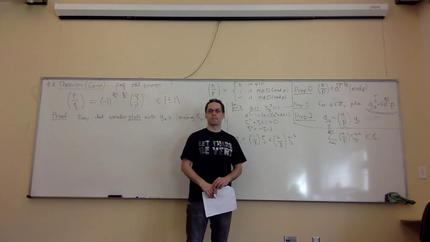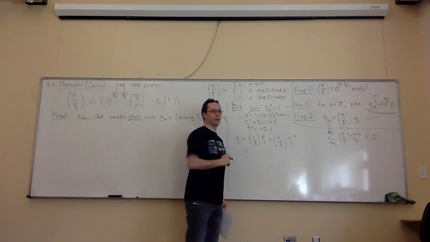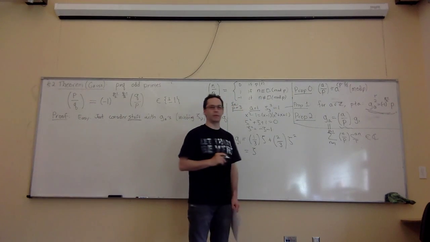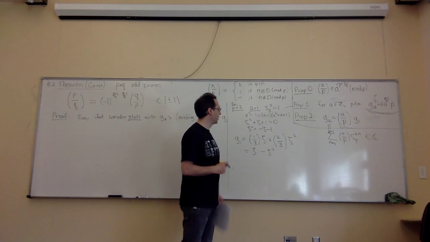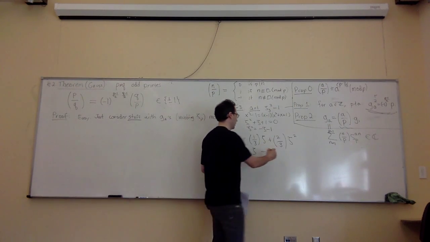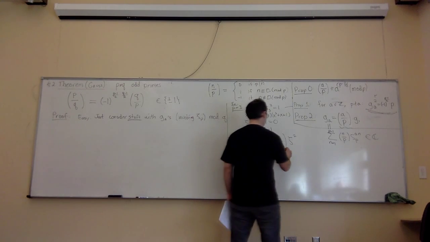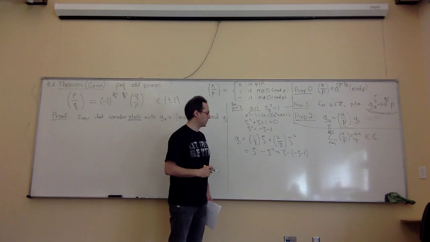Okay? So let's figure out what this is. Is 1 a perfect square mod 3? Yes. So that's zeta. And is 2 a perfect square mod 3? No. So this is our Gauss sum. It's just zeta minus zeta squared. But zeta squared is minus zeta minus 1, so I can write that as zeta minus, minus zeta minus 1.